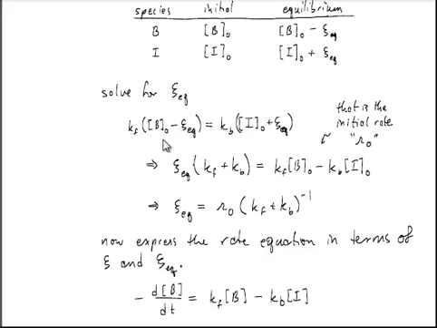Everything is going to be possible to express in terms of that extent of reaction variable. So we have K forward times B0 minus extent of reaction is equal to K backward times I0 plus the extent of reaction.